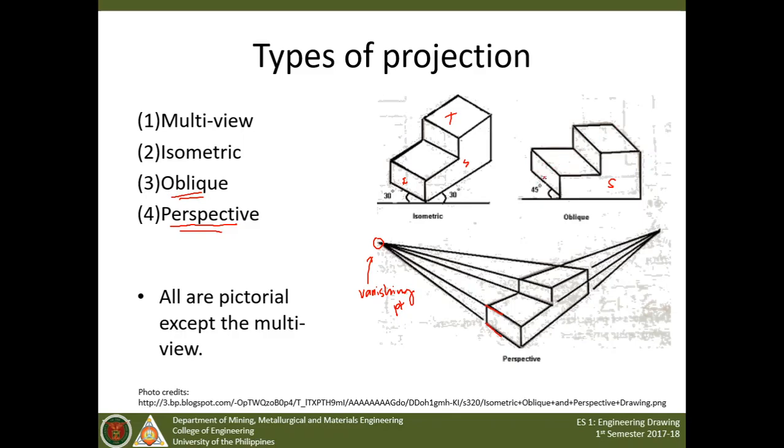Usually we take 45 degrees, but you can change this; you can have other angles aside from 45 degrees. Again, these three views are known as your pictorial views, while multi-view is not a pictorial view.